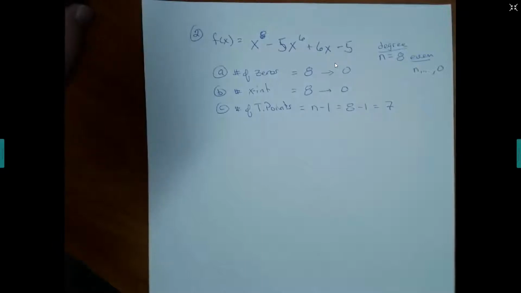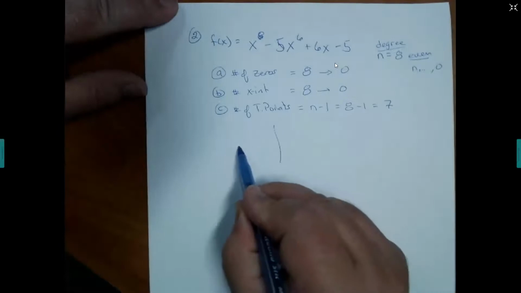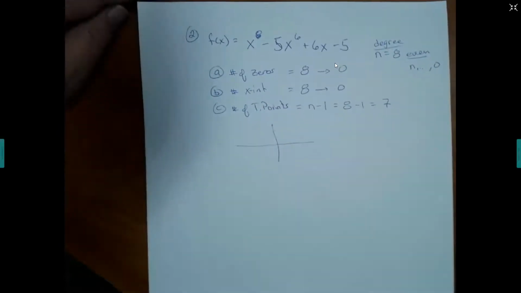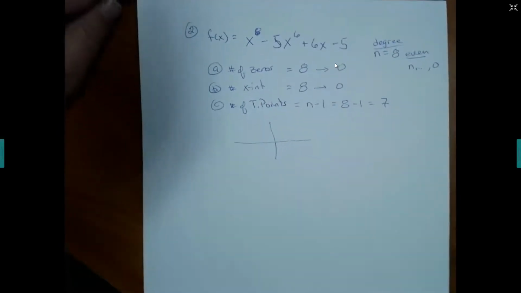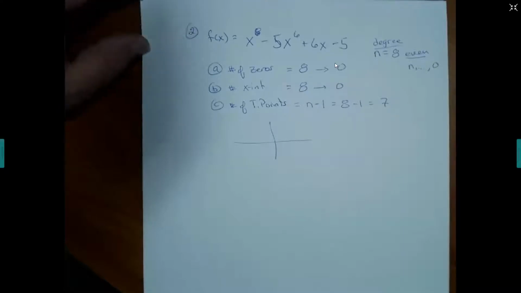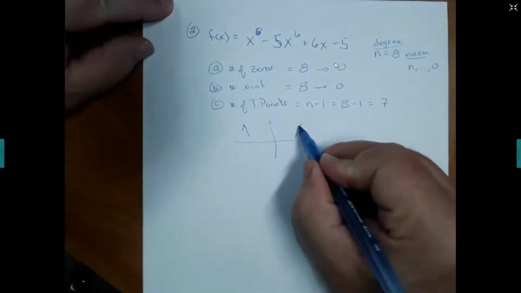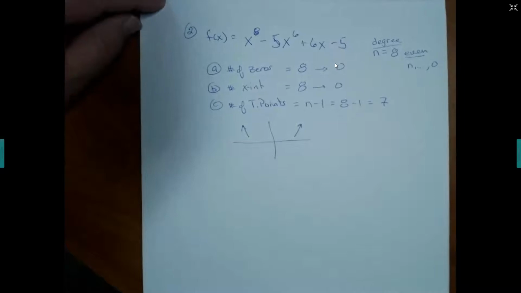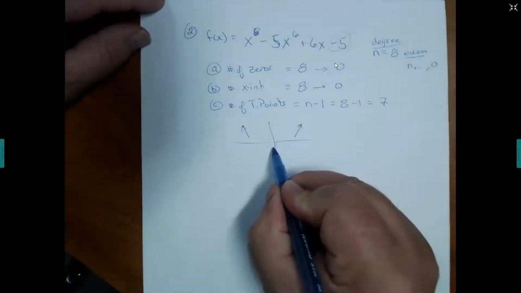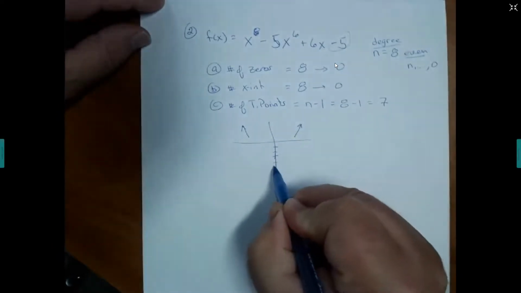Okay, let's discuss how this graph looks. Looking at the equation, what is this graph going to look like? Since this is even, both ends point up. And the y-intercept is -5.